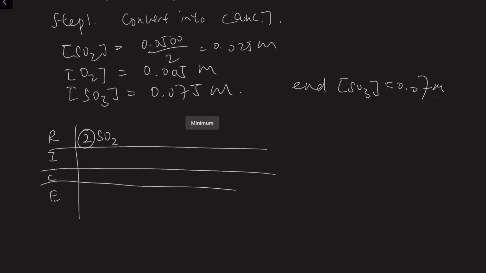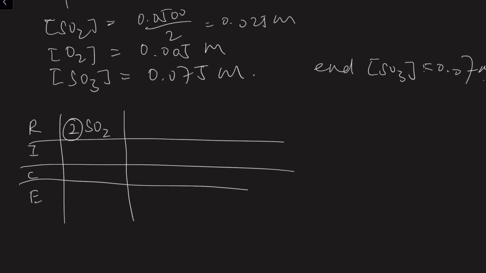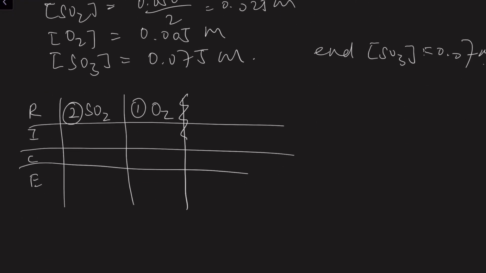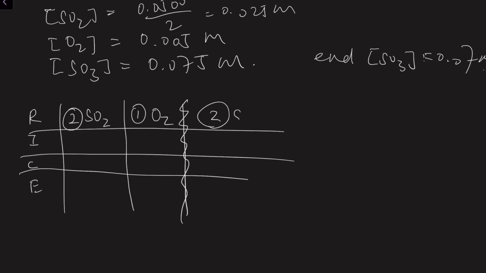Put these 2 in your rice box because it will be very important later on. You have 1 O2. Maybe use this to indicate that we are separating the reactant from the product. Have 2 SO3.